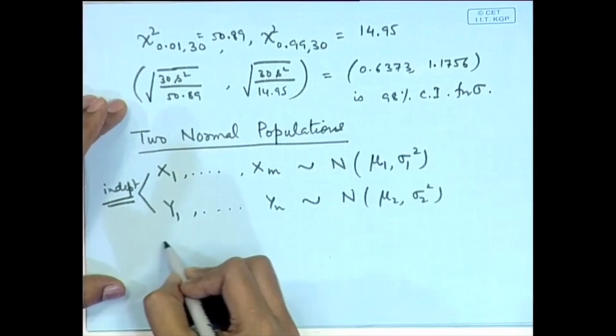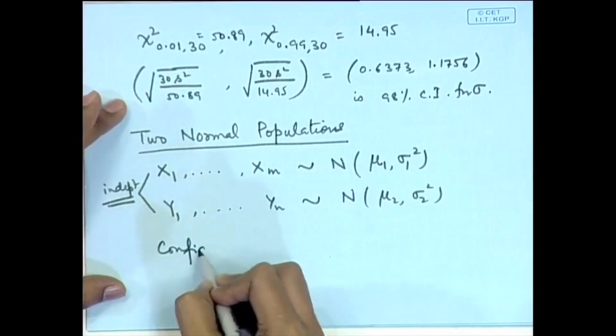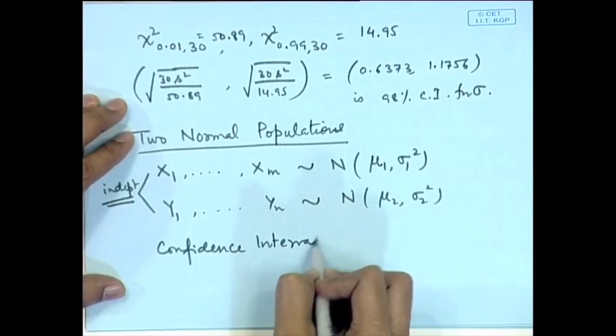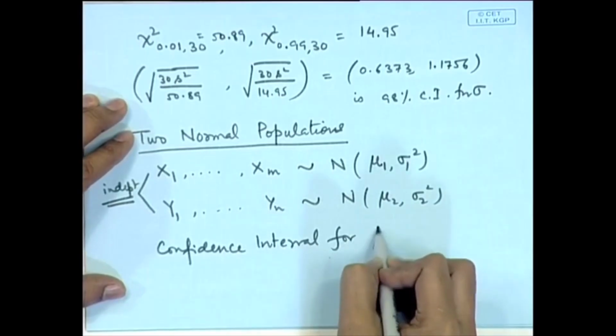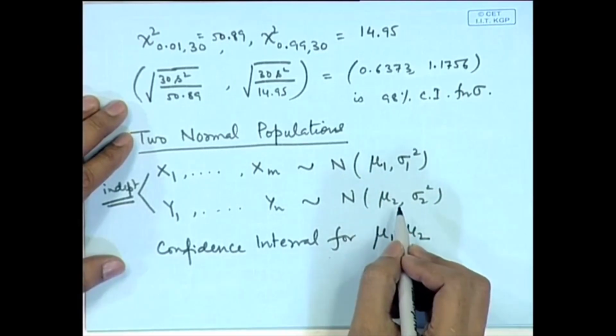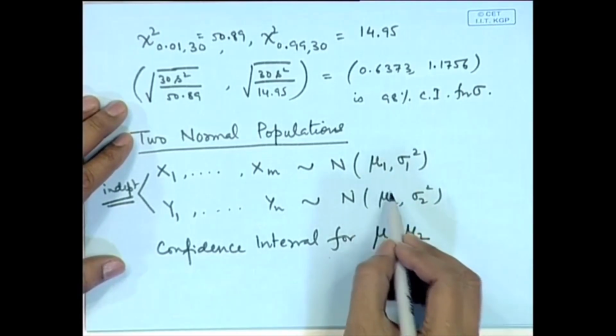So, one problem could be to create confidence interval for say mu 1 minus mu 2, because we may be interested in the comparative difference between the two means.